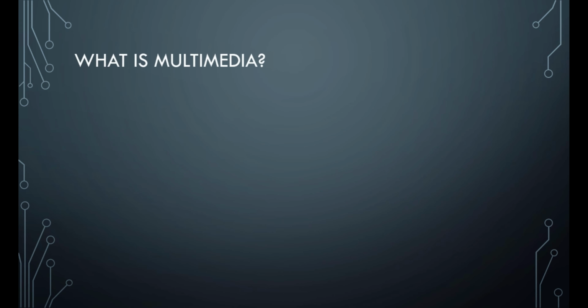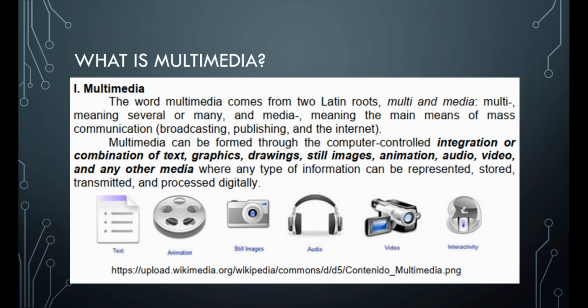Multimedia can be formed through the computer-controlled integration or combination of text, graphics, drawings, still images, animation, audio, video, and any other media where any type of information can be represented, stored, transmitted, and processed digitally.